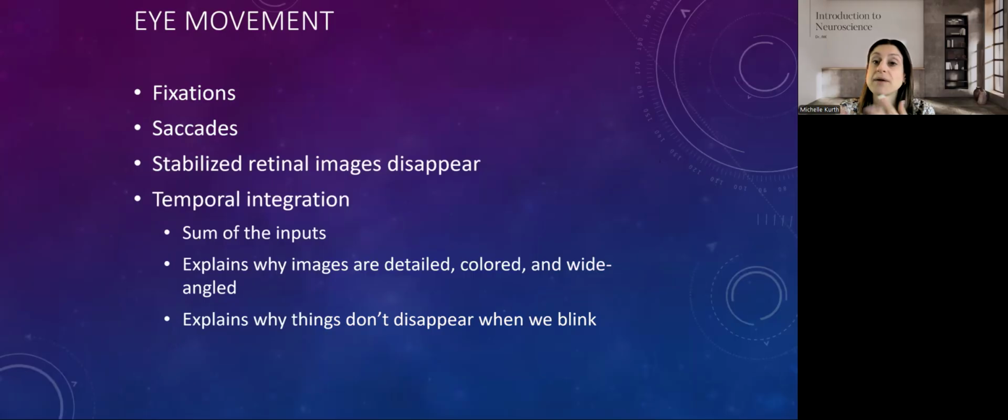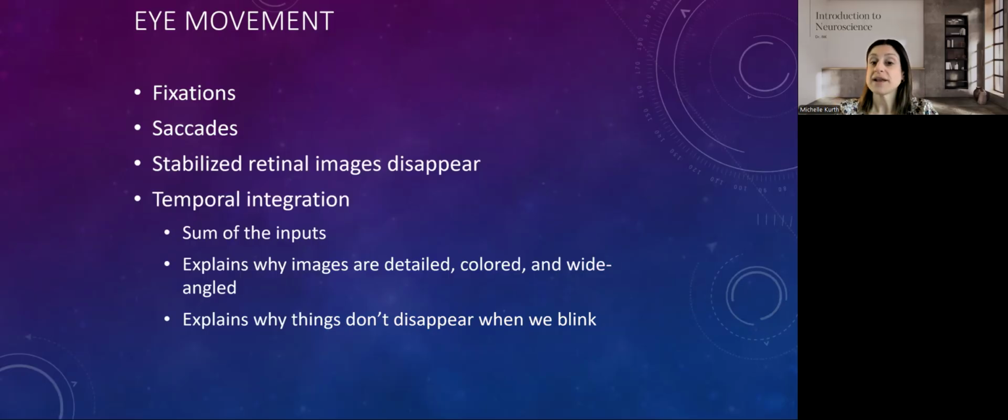Now, I want to talk about eye movement because our eyes are in continual motion. They make up a series of what are called fixations, and we have about 3 of them per second, connected by the saccades, which are rapid movements between those fixations. The saccades are like bullets.